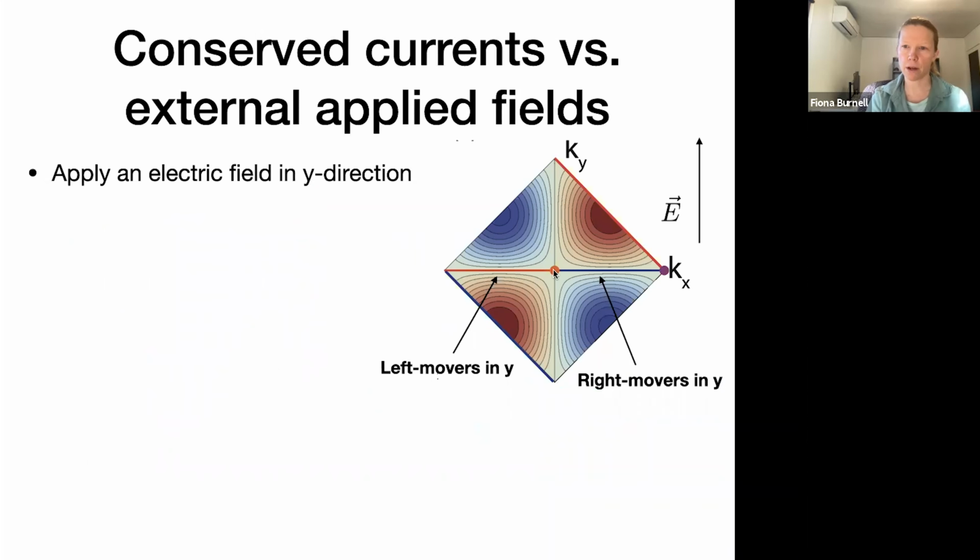So I'm going to draw that on this picture. At positive kx, everybody has different velocities, but basically these are all right moving in the y direction. And these over here at negative kx are all left moving in the y direction.